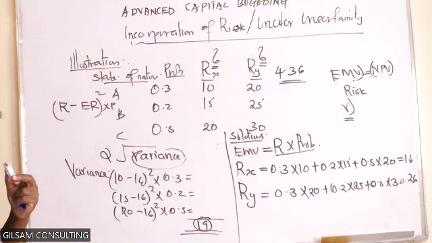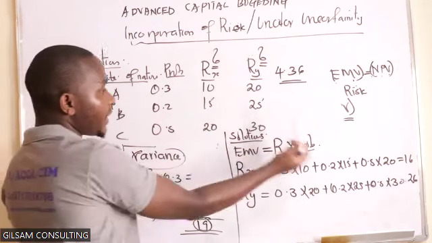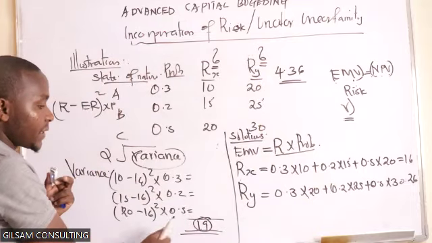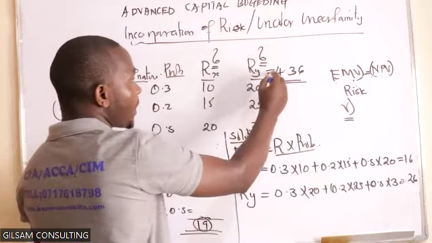You can also get the standard deviation for the second one. You take each return minus the expected return, square it, and multiply with the same probabilities. What do you get?